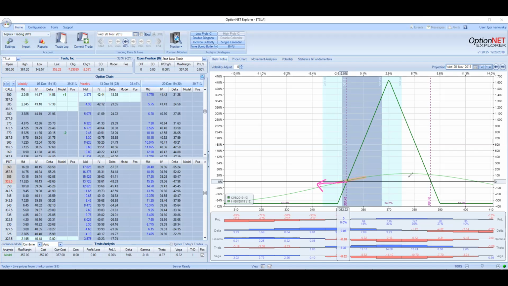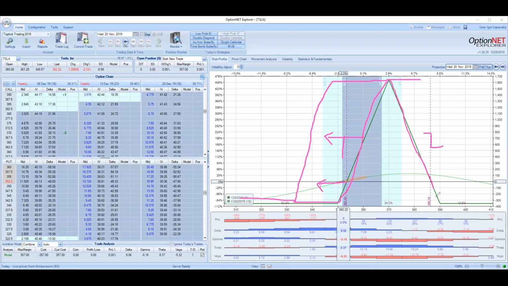So what that means is that if Tesla's moving against me, right, I have two spreads. I have spread number one, which is a debit spread, and spread number two, which is a credit spread. So if Tesla's moving against me and my debit spread is taking heat, I can take this debit spread off for a loss and move this debit spread lower, essentially converting this into a condor, right?